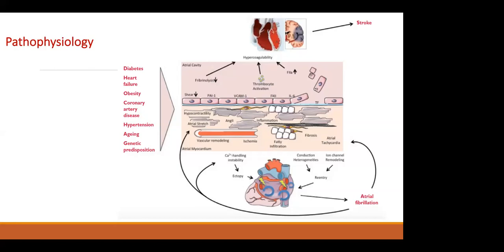So all this leads to structural remodeling of the atrium that leads to functional and electrical remodeling of the atrium, due to electrical dissociation between the muscle bundles with some local conduction heterogeneities that favor re-entry, and that leads to the development of atrial fibrillation.